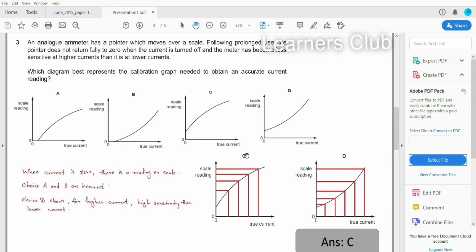As you can see, in option C the scale reading intervals are reducing, while in option D the readings are increasing. When the scale reading intervals are increasing at high currents, we can say it has higher sensitivity. Now you can see in option C the intervals are reducing, so you can say at high current it has low sensitivity. So the answer for question number 3 is option C.